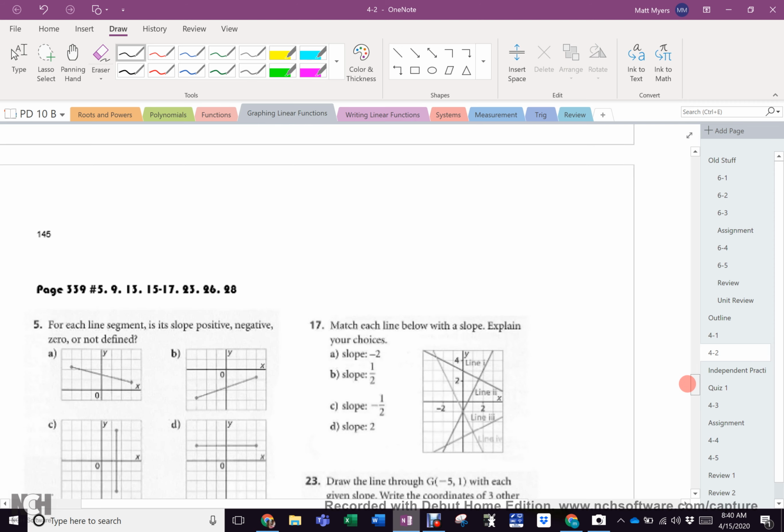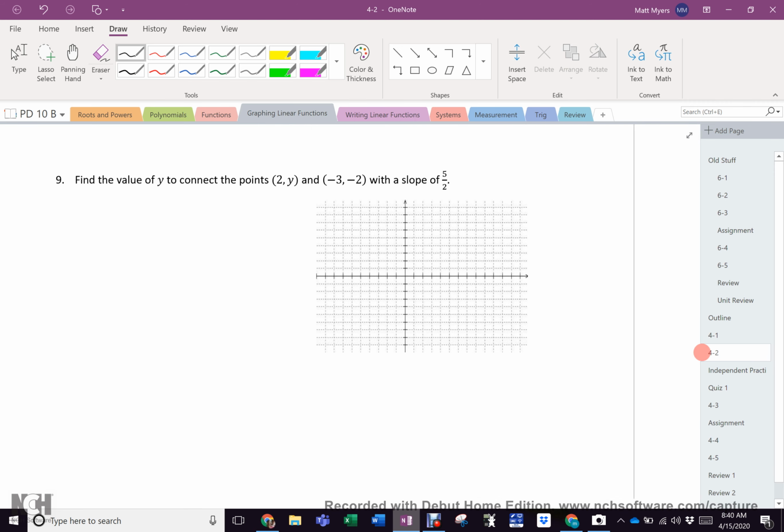And lastly, we'll do number 9. Red dot, blue dot. Blue dot at negative 3, negative 2, right there. Red dot somewhere where x equals 2, somewhere on that line.